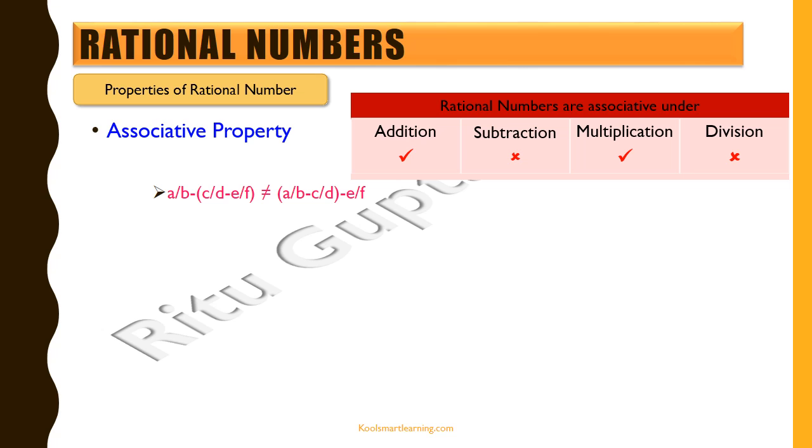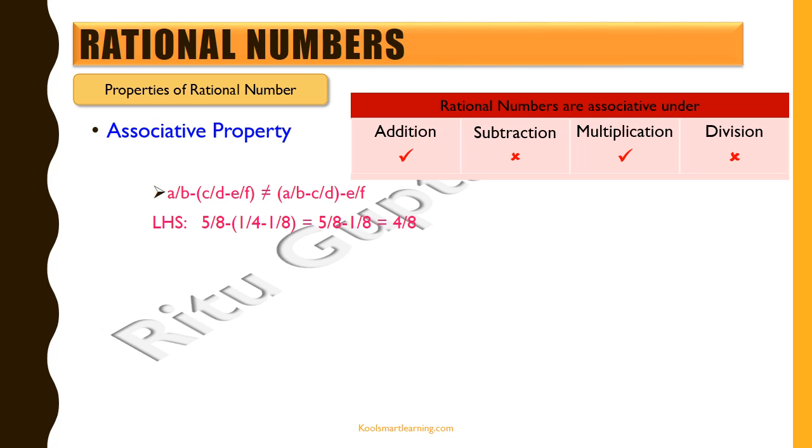If we make it in brackets A plus B and then plus C, it'll remain the same. So yes, that holds true again for addition. But when we move to subtraction, a by b minus, in brackets, c by d minus e by f is not the same as subtracting c by d from a by b and then subtracting e by f from the result.